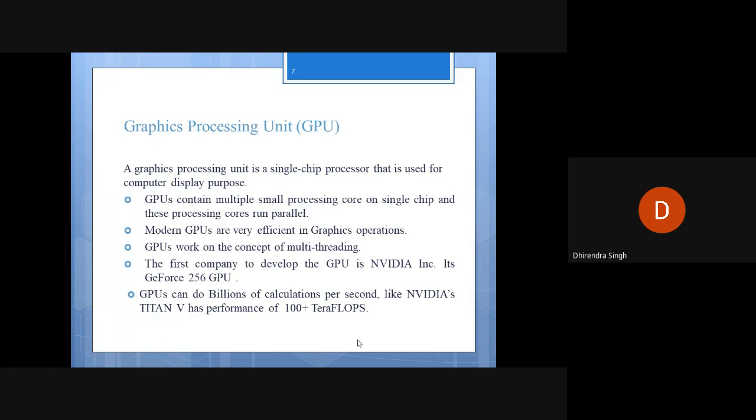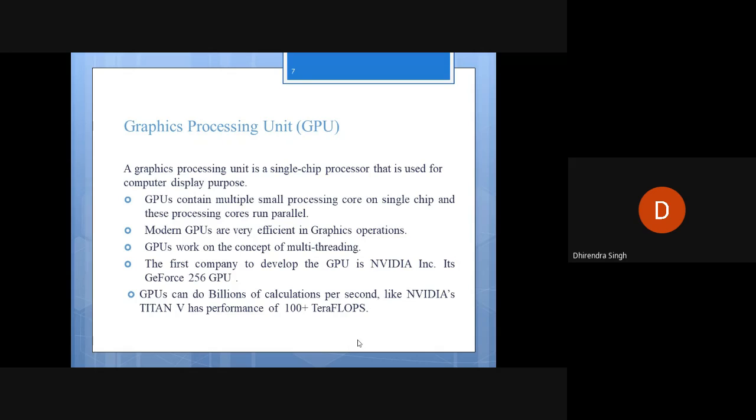To generate one scene after another, we require a large amount of processing, and that processing was done with the help of the graphics card. Nvidia Corporation created the first graphics card, the GeForce 256. But the purpose of that graphics card was just for gaming.